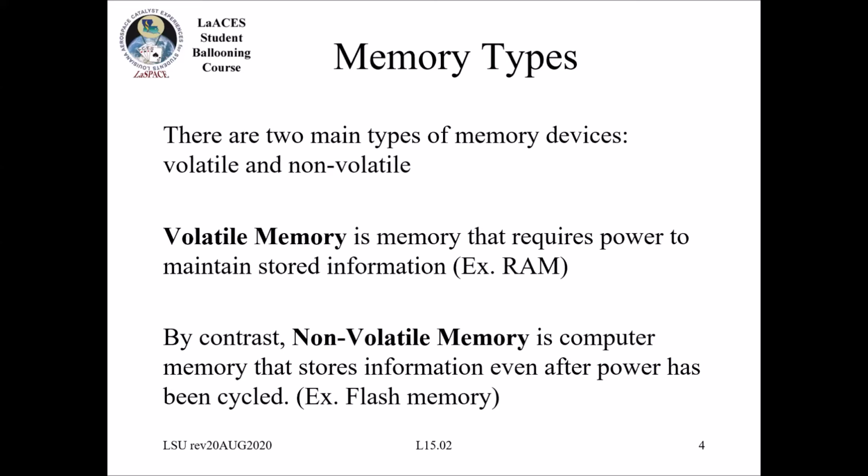The other type is called non-volatile, and that's stuff that keeps the information even if you lose power. So when you turn it back on, it stays at whatever it was before you lost power. Like the flash memory that your program is stored on in the Arduino is non-volatile memory.